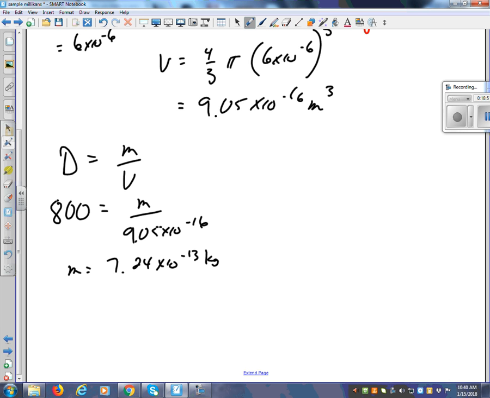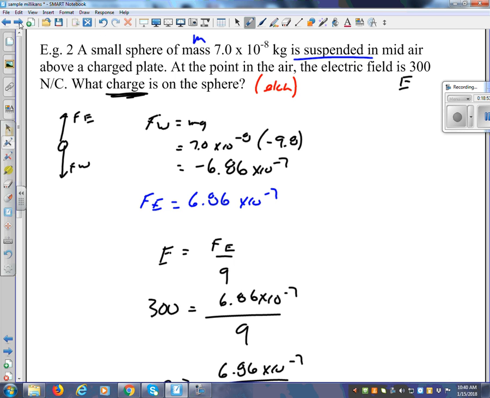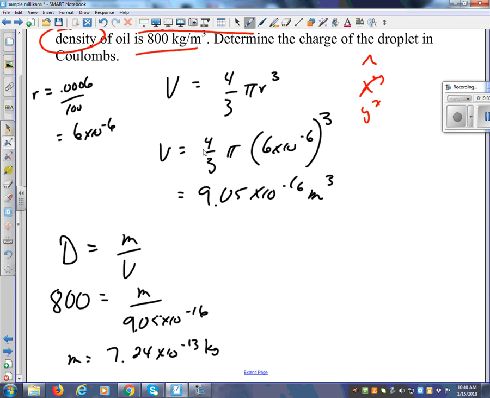And now that I've got mass, I'm basically at the same point that this question started at, right? I've just basically taken this question and gone back 2 steps. I got my mass. Next step is to do what? Find the weight. I told you to make sure you're well rested and well caffeinated for this morning. 7.24 times 10 to the minus 13 times minus 9.8.